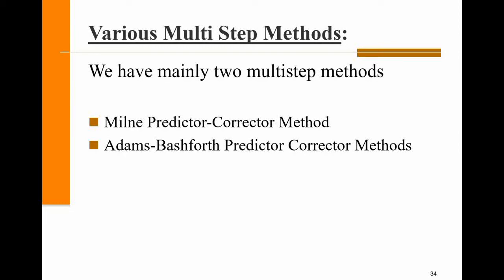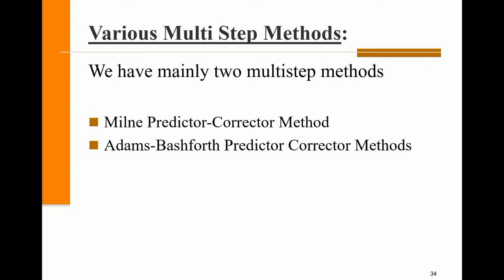We have mainly two multi-step methods. One is Milne's method and another one is Bashforth method. Now you can see one term written here, predictor corrector. What is that? When we solve using multi-step methods, we always have two steps.